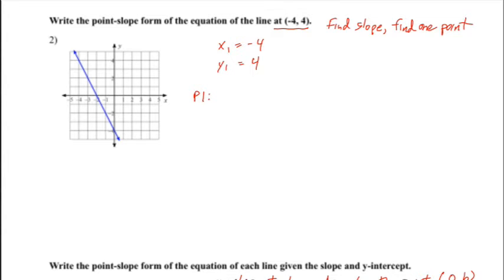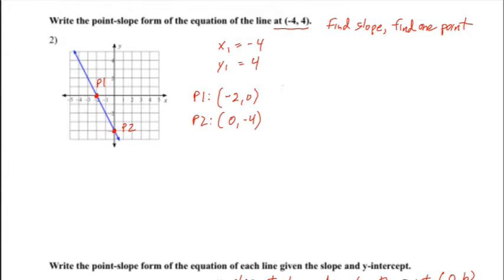I am going to pick the first point, P1, at minus 2, 0. And I'll pick a second point down here, and P2 will be at 0, minus 4.